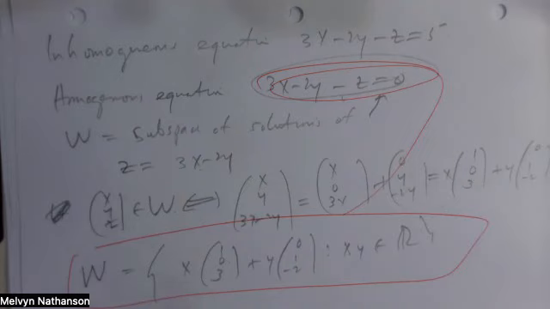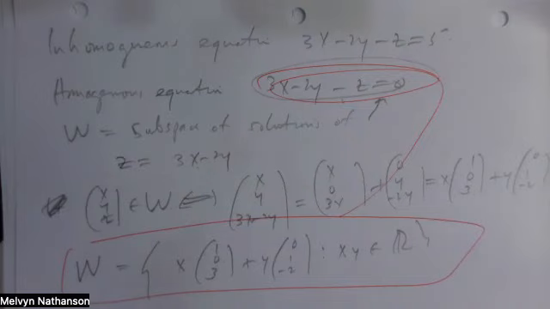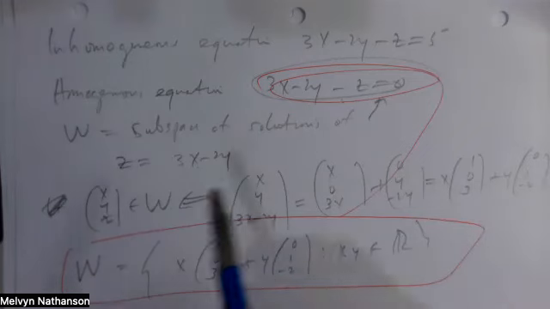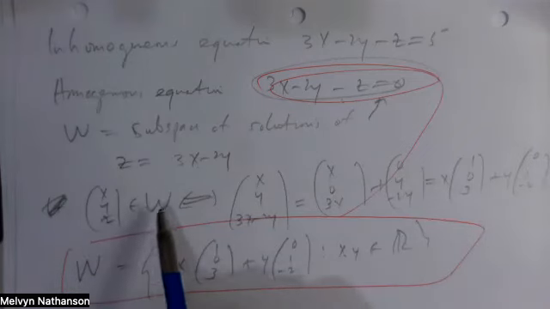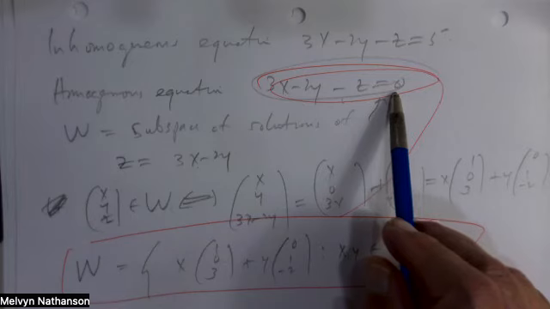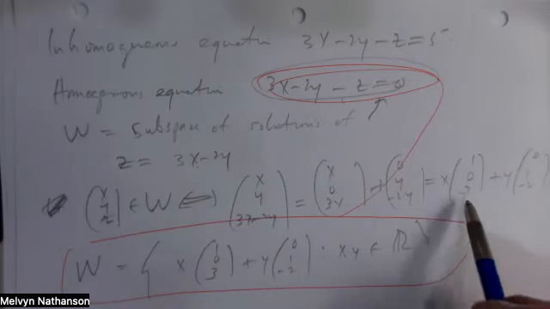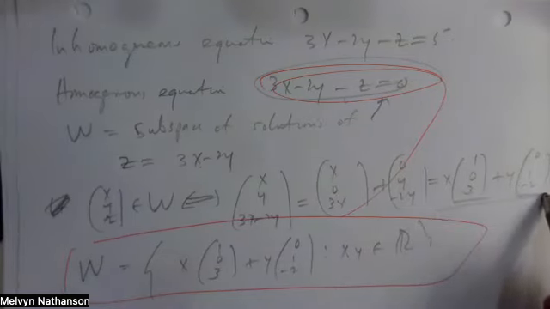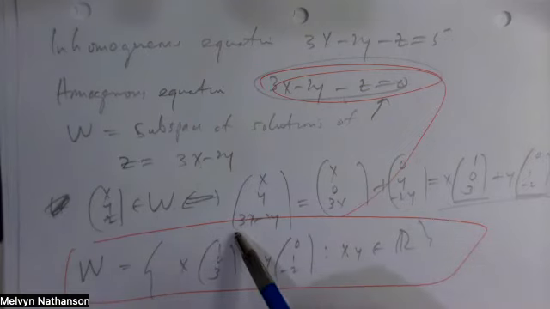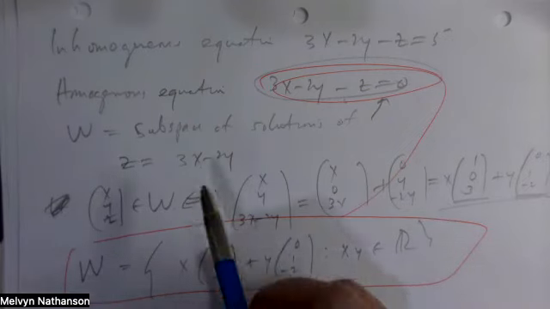Professor, can you explain the last part where it has two parentheses? It's x (1, 0, 3), and then plus y (0, 1, and then I believe that's negative. So this says that if x, y, z is in W, a solution of the homogeneous equation, then that vector x, y, z is in fact a linear combination of this vector and this vector. Because z has to be equal to 3x minus 2y.